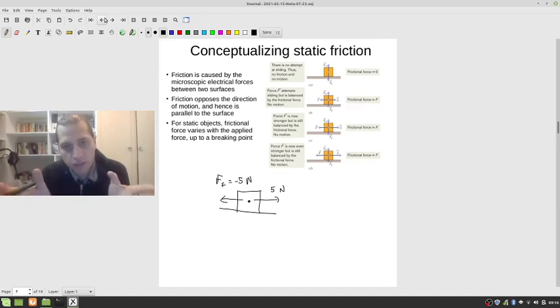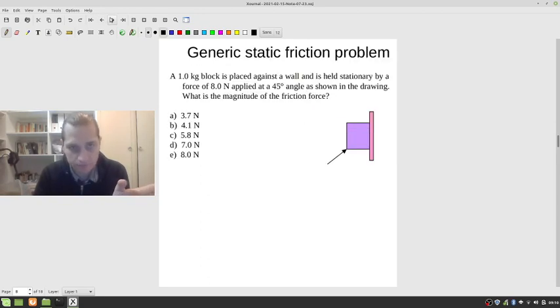Before we even try to model it in a comprehensive way, let's see if we can just apply this idea to a general situation. So here's a general type of problem.